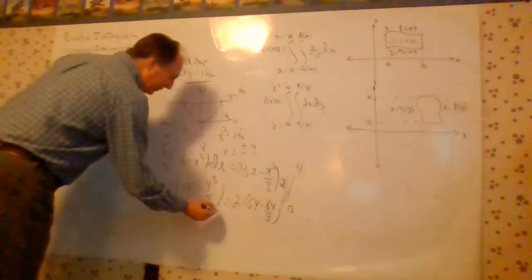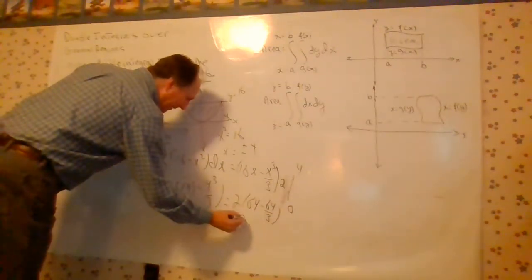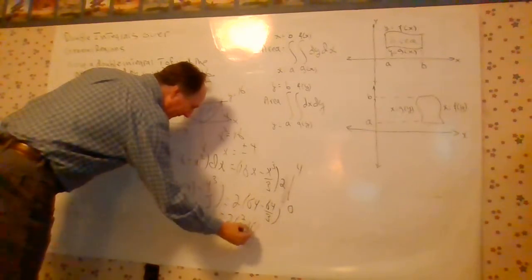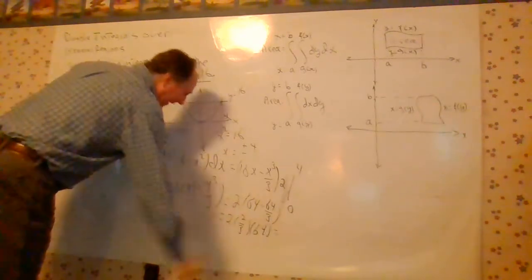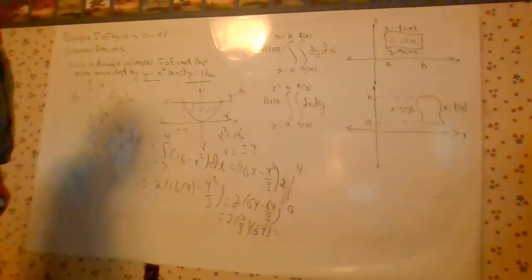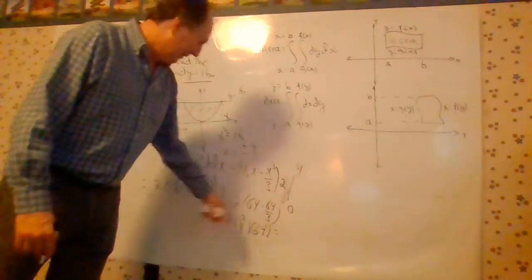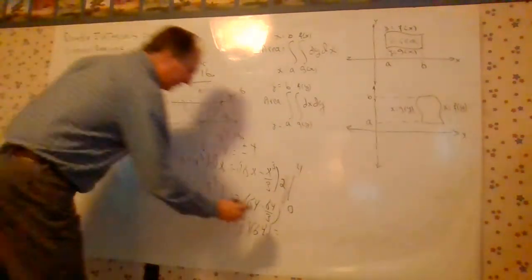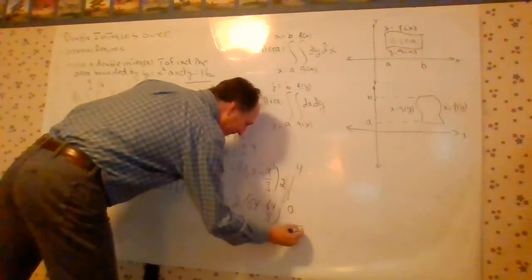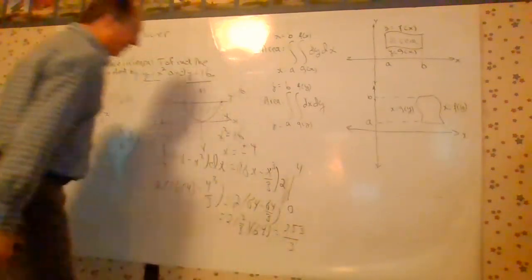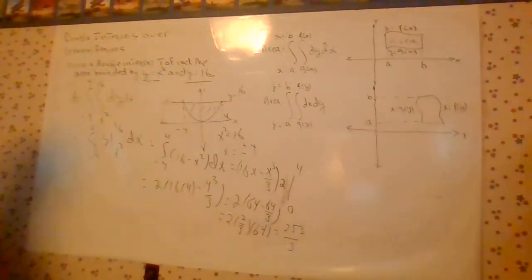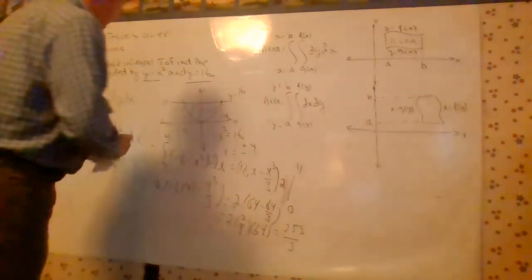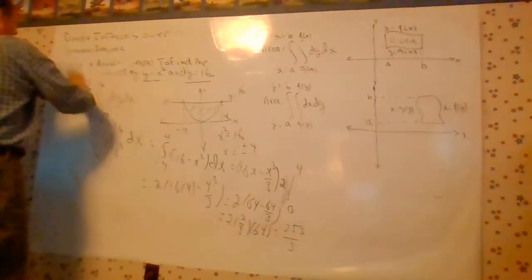Which gives you 2 times 2 thirds times 64, and you can figure that out if you want. That's 4 times 64, I guess 256 over 3 is the final answer for that. Okay, that's all details. Here's another example.